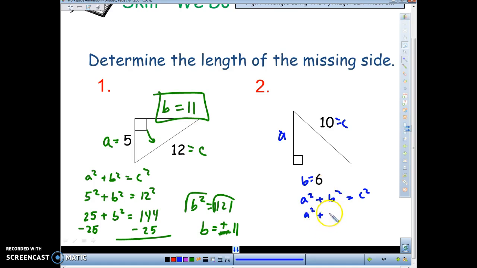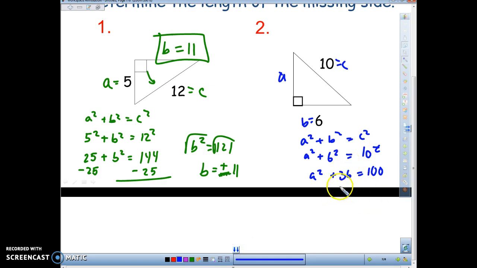B squared is 6 squared, pardon the bell, and C squared is 10 squared. So I have A squared plus 36 is equal to 100. I subtract 36 on both sides, and I get A squared is equal to 64.